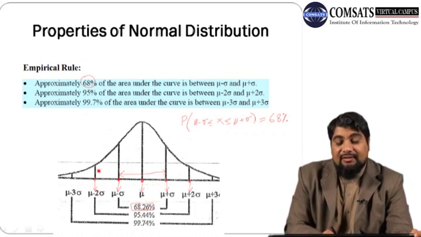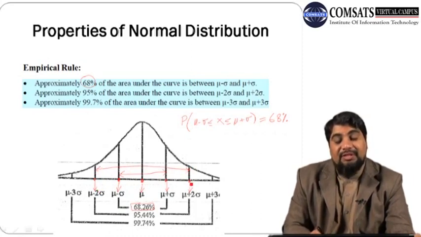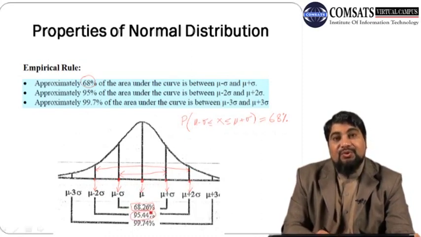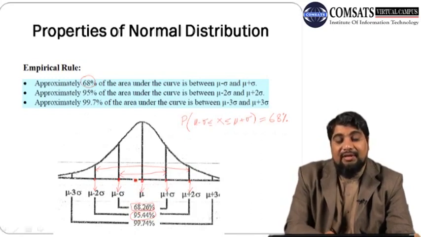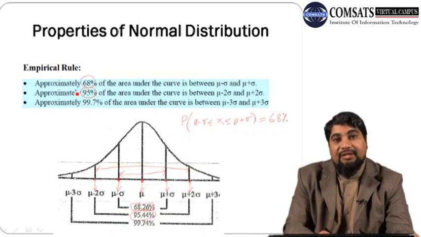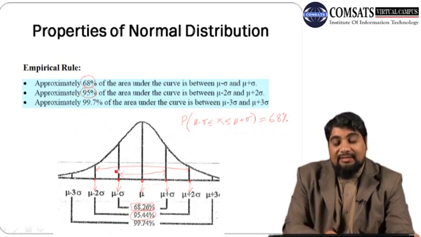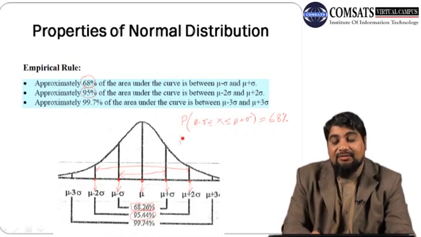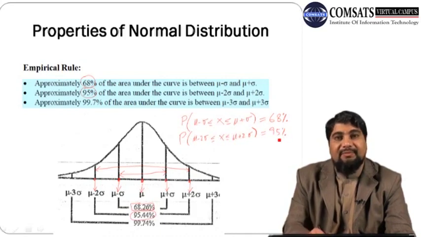So it means from this interval mu minus 2 sigma to mu plus 2 sigma, or this range, it covers 95.44%, or approximately we can say that 95% of the area lies between mu minus 2 sigma and mu plus 2 sigma, or we can also write it in the form of probability that mu minus 2 sigma less than or equal to x less than or equal to mu plus 2 sigma, and this probability is 95%.